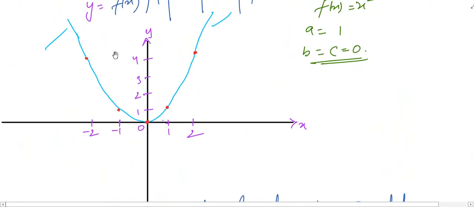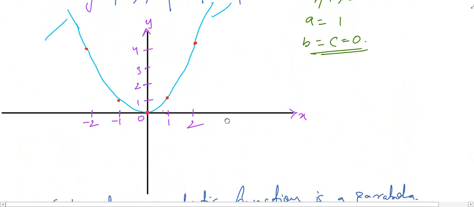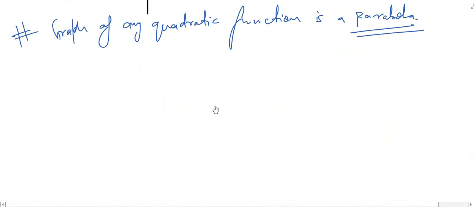This parabola is actually pointing upwards, or open upwards. Let's do some clever tricks to invert it. How to do that?